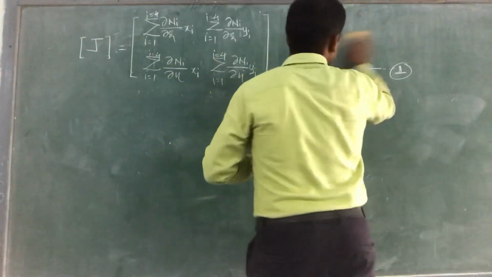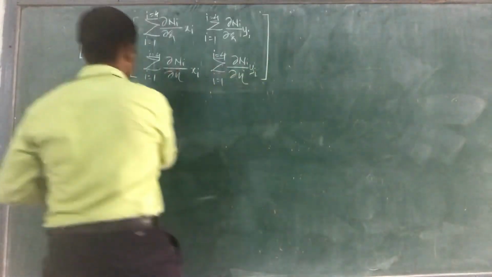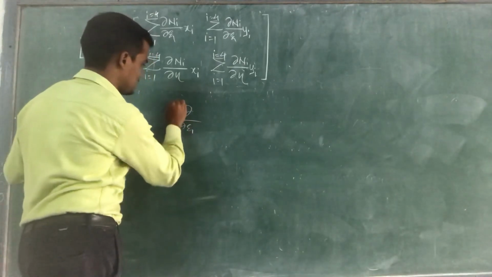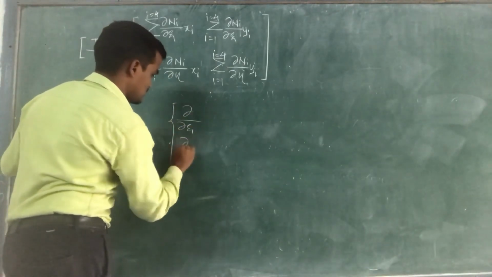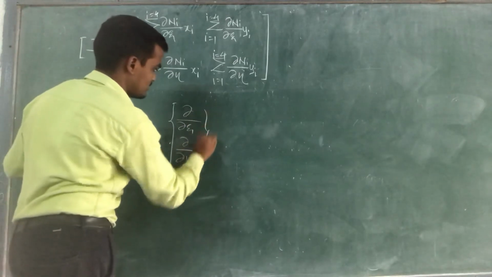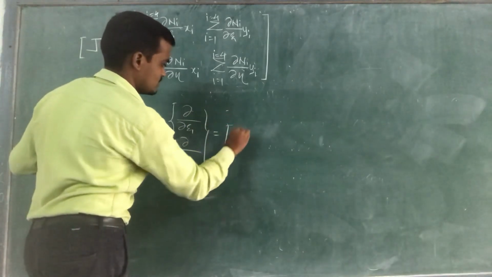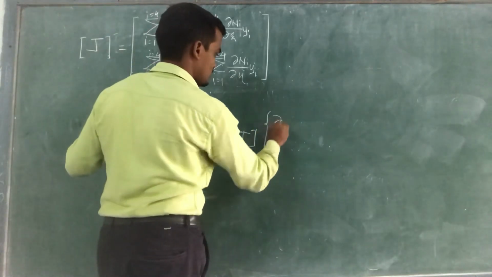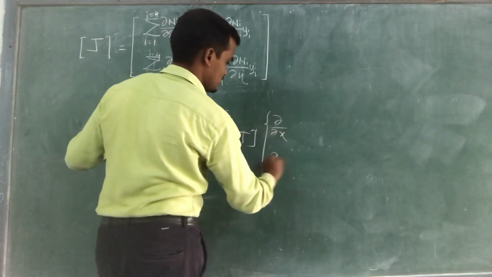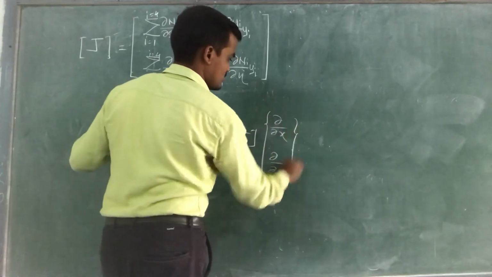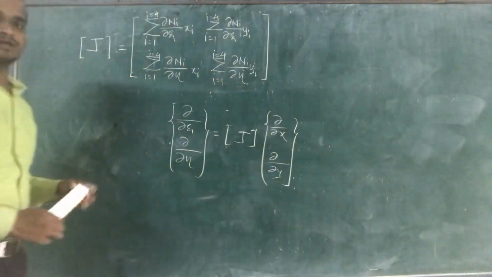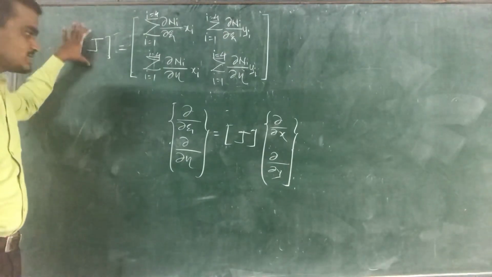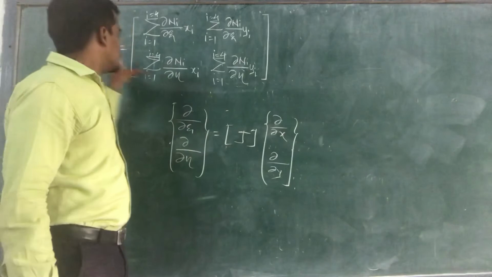Okay. And this equation, from equation first, is nothing but ∂/∂ζ, ∂/∂η is equal to this J matrix times ∂/∂x, ∂/∂y. Okay, so in this way you will get this Jacobian matrix as well as the Jacobian matrix terms.